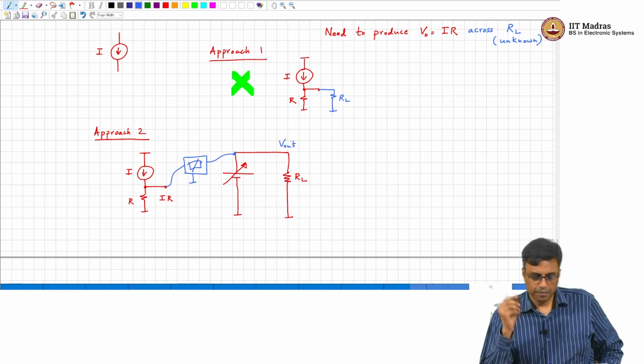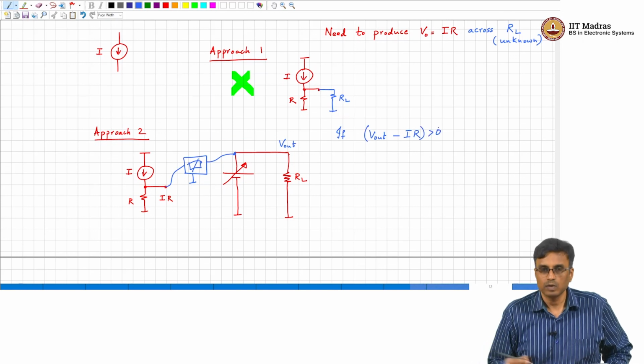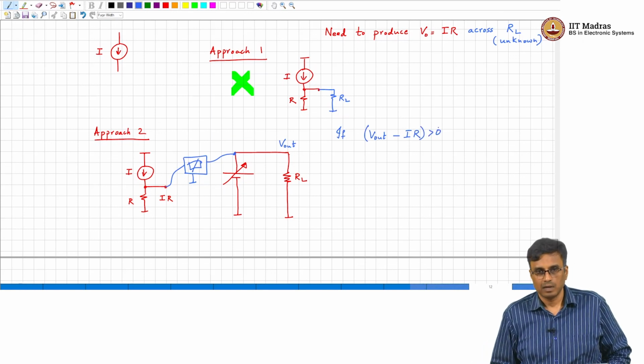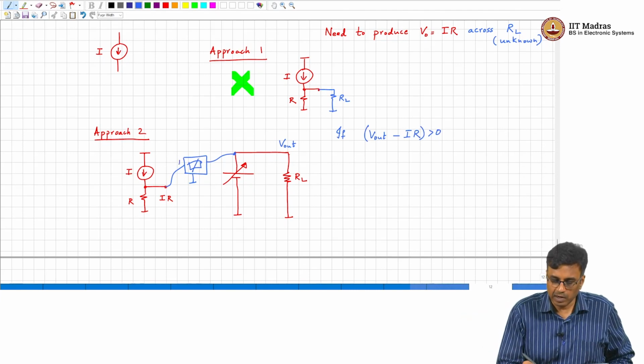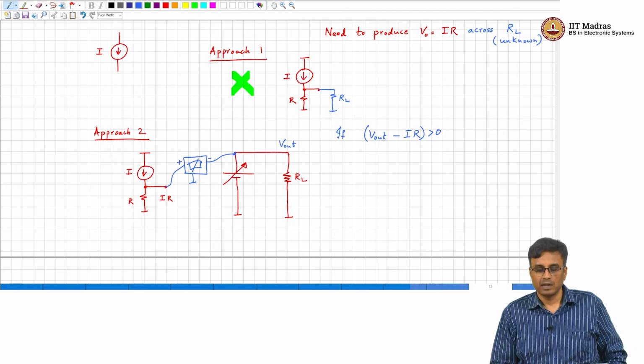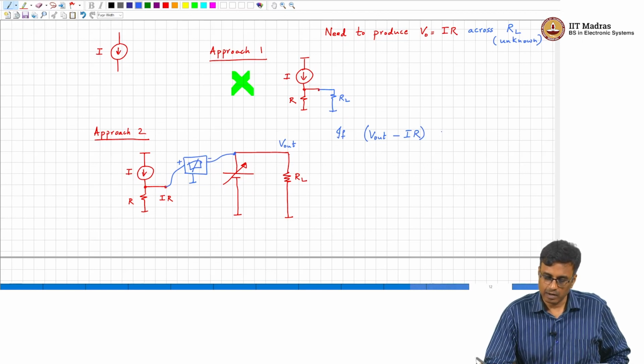So, if V out minus I times R is greater than 0, correct. Let us say this is the positive of the voltmeter and this is the negative of the voltmeter. If V out minus I times R is less than 0.